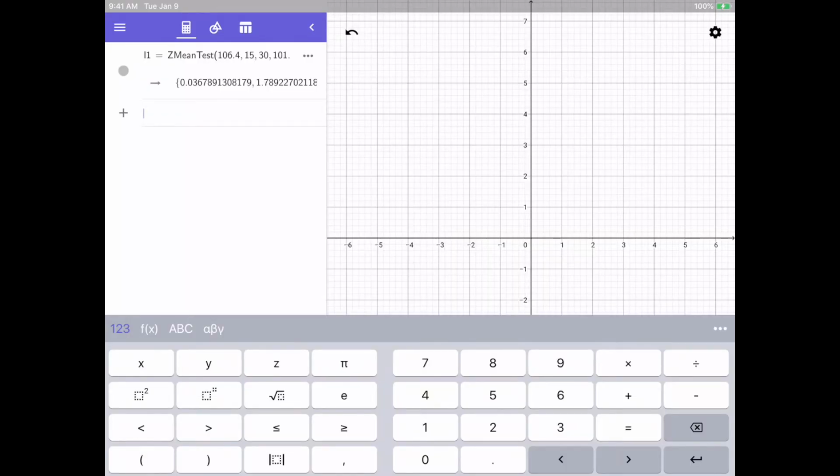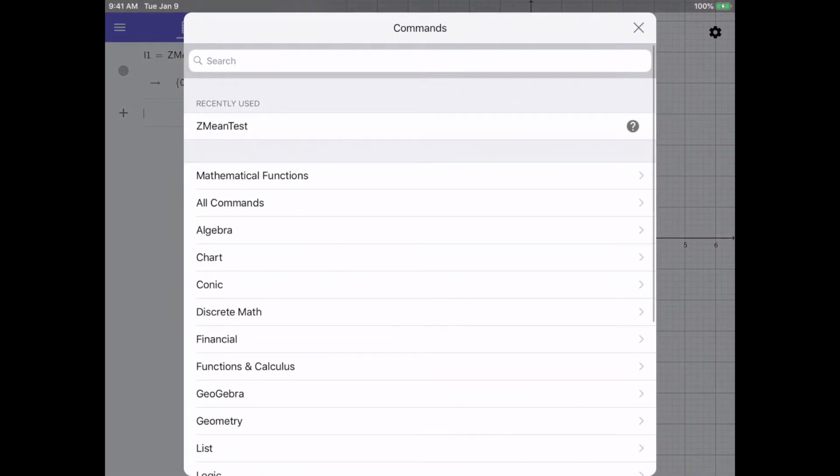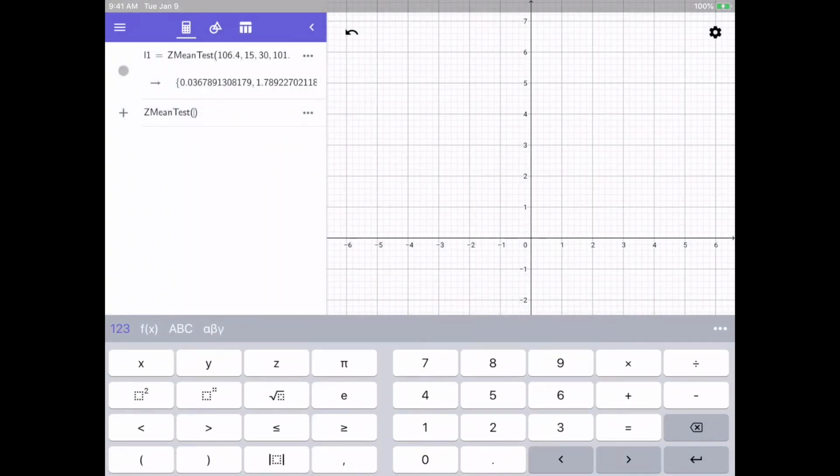Here's our calculator. I'll start by hitting the 3 dots and selecting z-mean test. We then have our sample mean, 26,343, comma, our standard deviation, 3251, comma, sample size of 35, our hypothesis, 24,672, and then finally our tail.